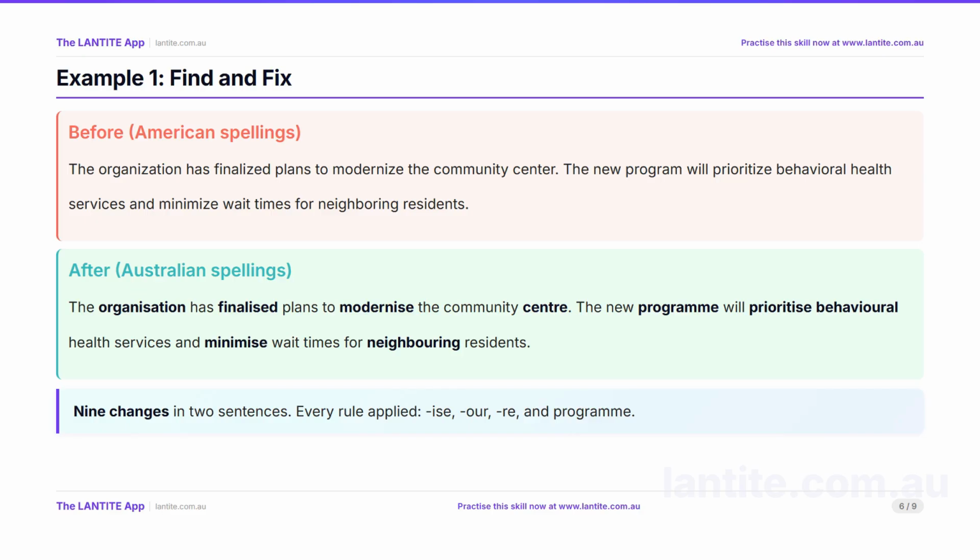Modernize becomes modernise. Center becomes centre. Program becomes programme because it refers to a plan, not software. Prioritize becomes prioritise. Behavioral becomes behavioural. Minimize becomes minimise. And neighboring becomes neighbouring. That is 9 changes in just 2 sentences. Every one of our 3 rules was applied.